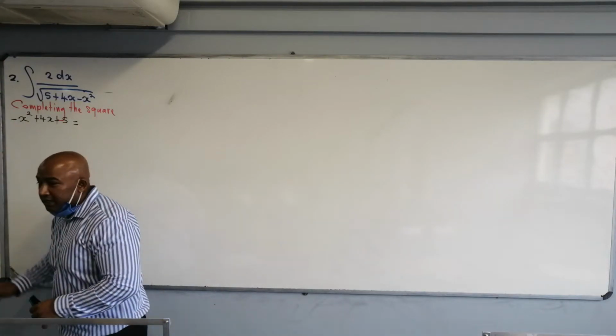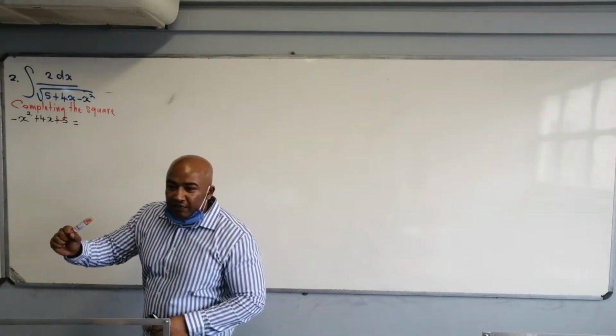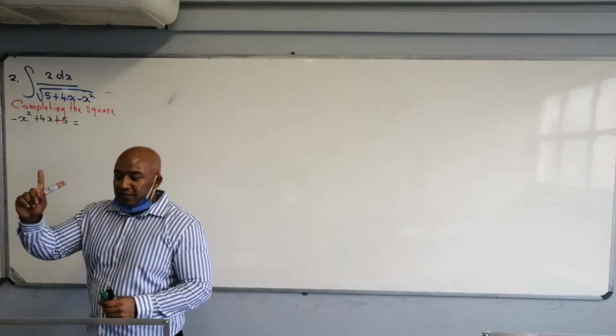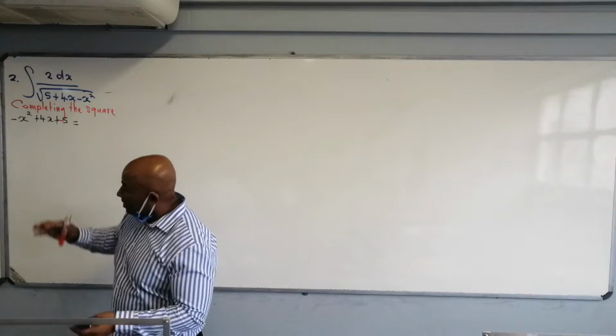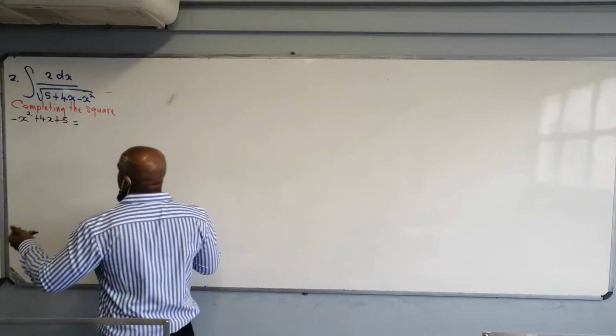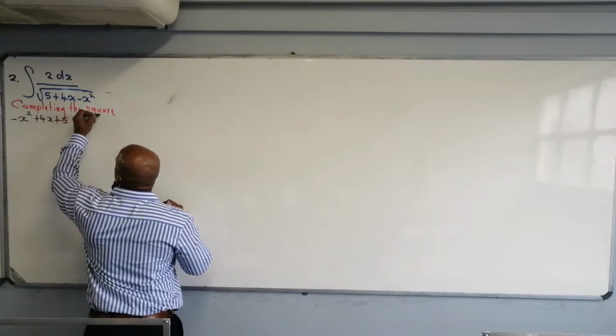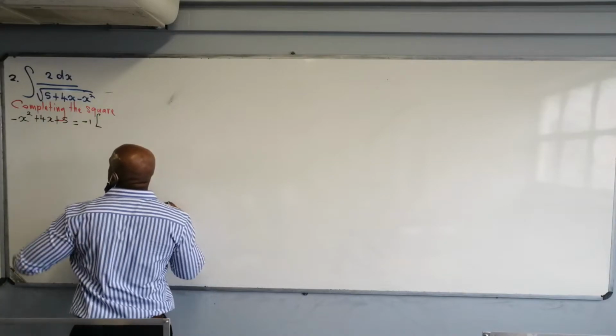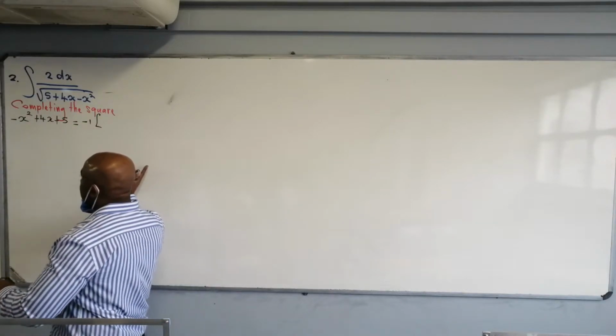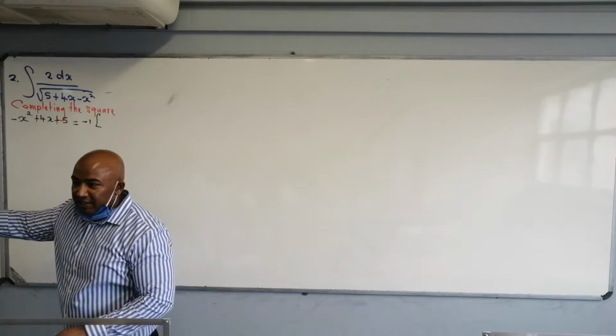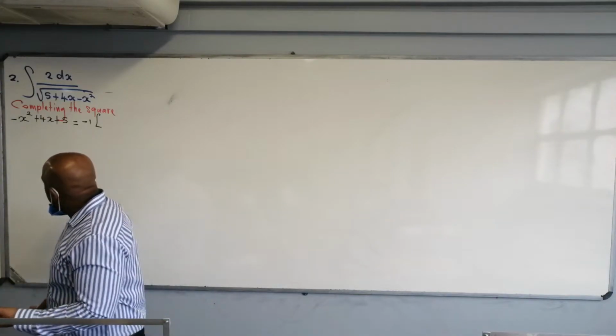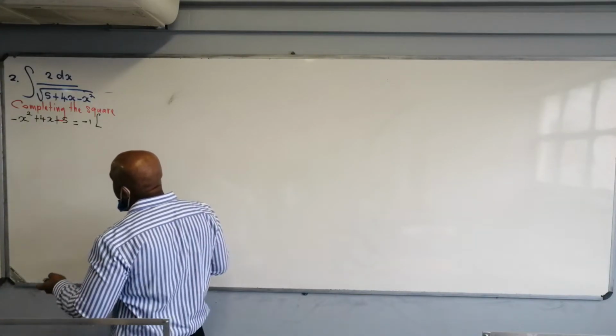So step number 1 is always make the coefficient of x squared +1. You do that by taking out a common factor. So you take out your -1. Remember, you are taking out a common factor, yeah? You don't go and divide everything, yeah? And the -1 disappears. Then your mark will also disappear.